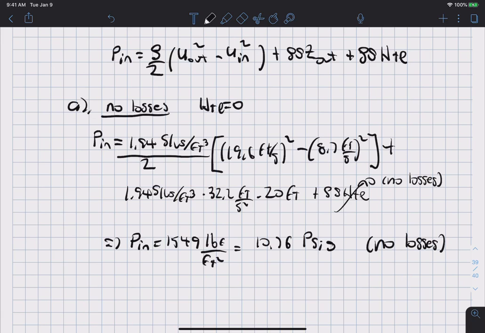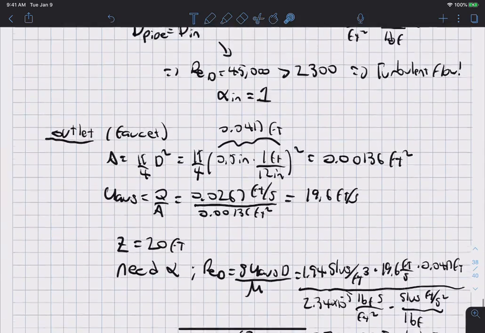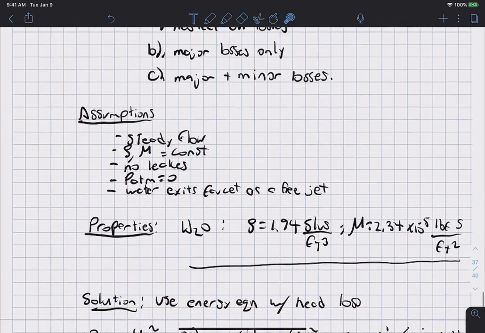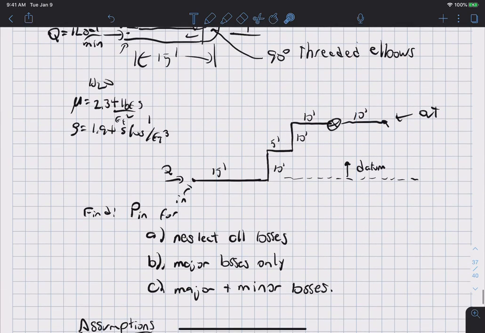This pressure here, I should say, is really just required to, I'll scroll up to the diagram again, it is required to actually take the water and basically elevate it up 10 feet, and then also accelerate it through the reduced area at the exit of the faucet.